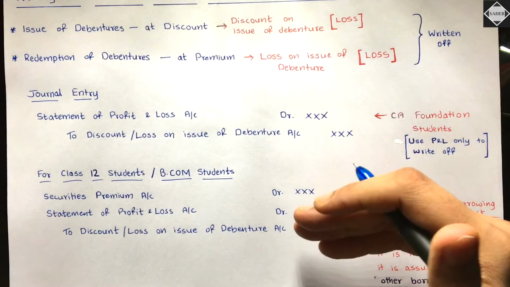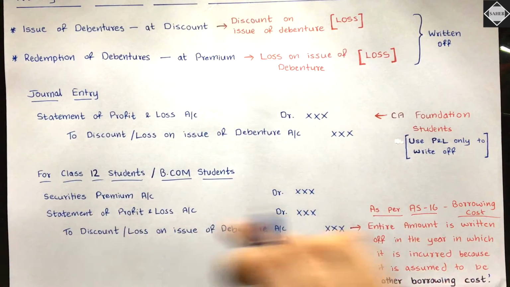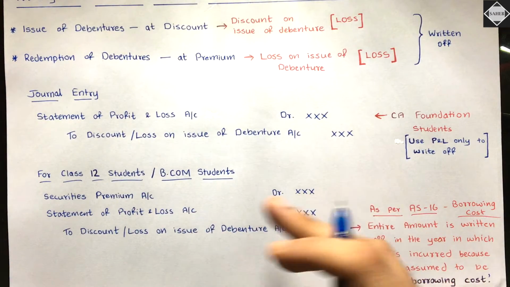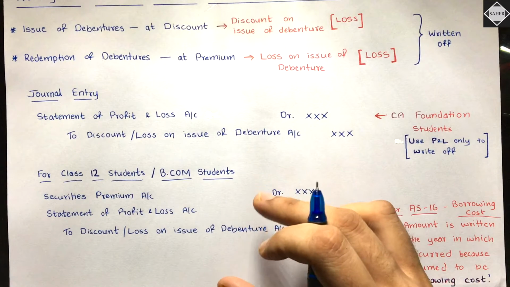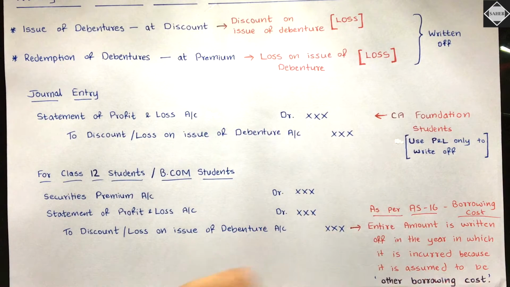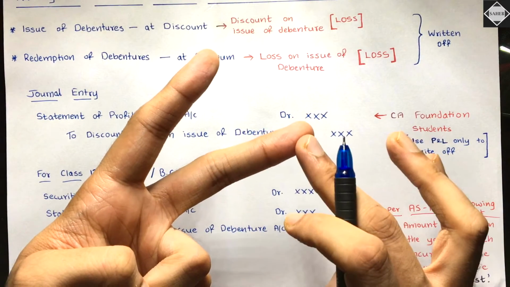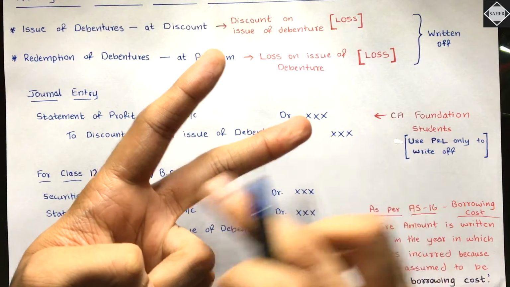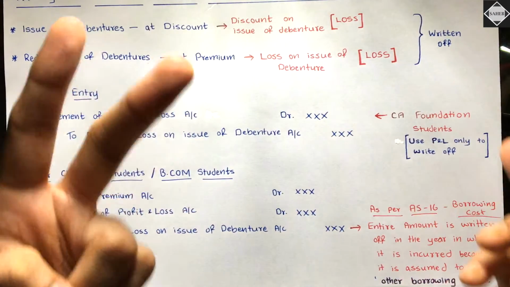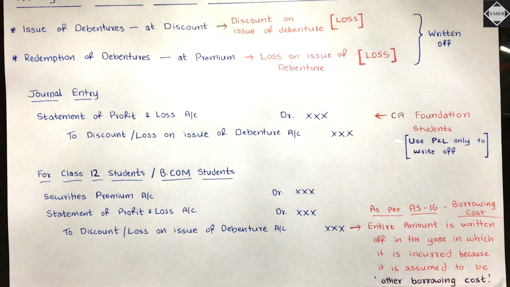So here, in class 12 and BCom, to keep things simple, they have taken an assumption that all the discount or loss on issue of debenture will be treated as other borrowing cost. They're assuming it like that. It fits into this category, other borrowing cost. So that is why the rule is, if it's other borrowing cost, take it entirely to statement of profit and loss.